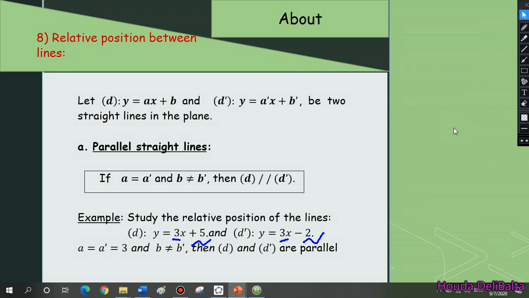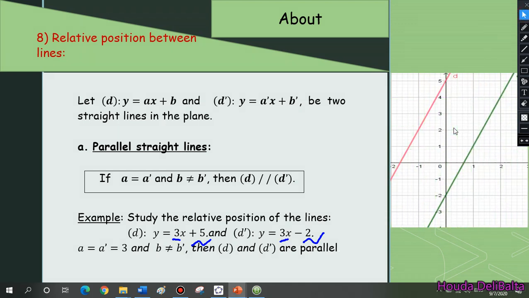And here is the figure showing these two straight lines. The pink one is line D and the green one is line D prime. And as you see, they are definitely parallel. Now, how did I construct these lines? As I told you previously, to construct each line, I just take 2 values for x to give me 2 values for y. For example, here we took 0 and we got 5.